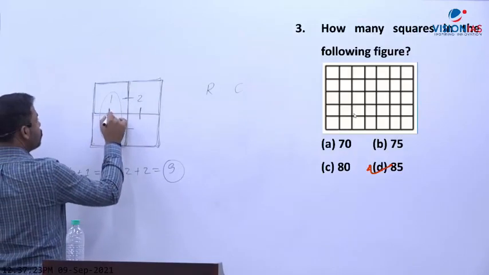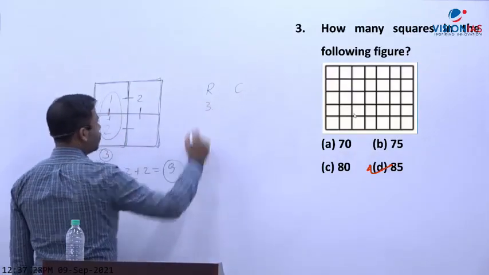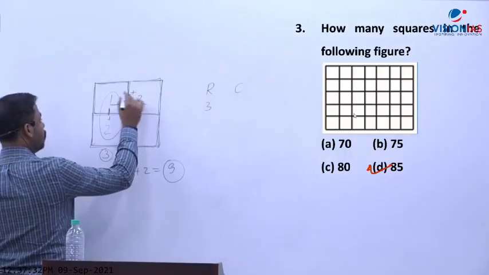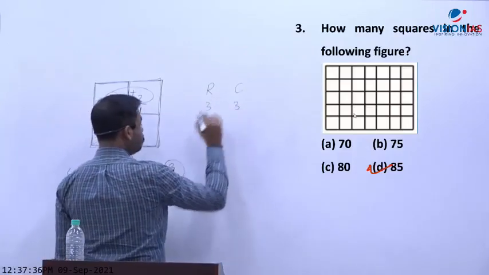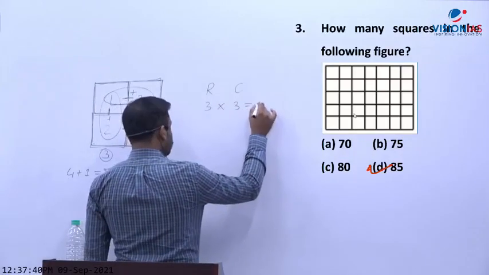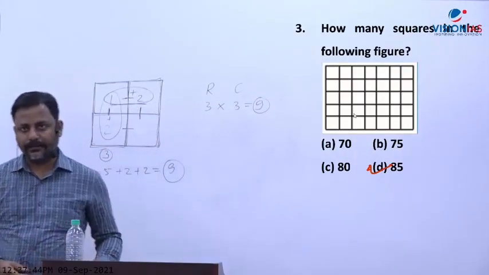Means 1 plus 2. 1 plus 2 is how much? 3. So the value of row becomes 3. And here also we have to do the same thing. In the column also, we will add 1 plus 2. This also becomes 3. Multiply them. We'll get the answer 9.